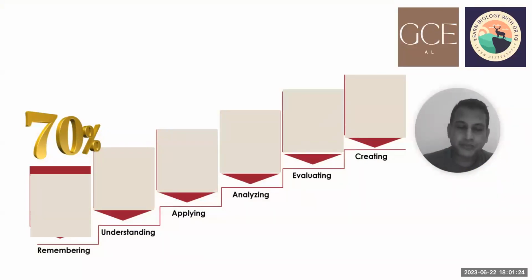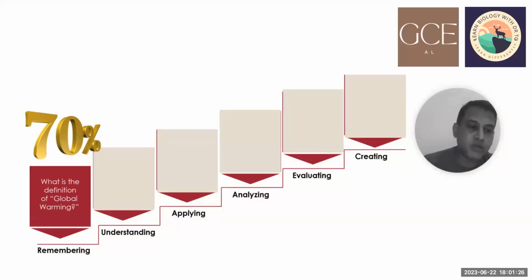For example, what is the definition of global warming? For that, you need to remember by heart the definition of global warming. Increase of the mean global temperature on the surface of the earth. That increase you have to write, mean global temperature you have to write, on the surface of the earth you have to write. Otherwise you don't get the marks.